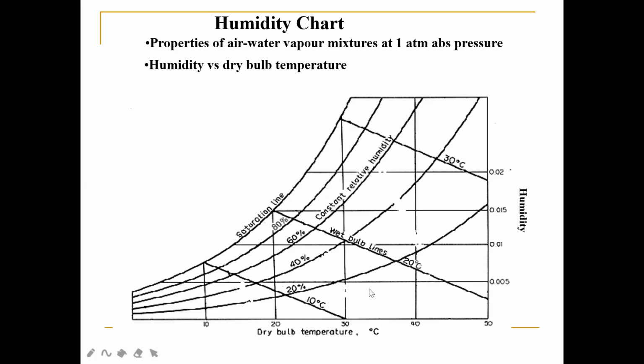Okay, so the humidity chart actually will show the properties of the air water vapor mixtures. Do you remember that diagram before, where you have the space above the surface of the water? It's actually a mixture of air and water vapor, and the properties are covering the properties at 1 atm absolute pressure.